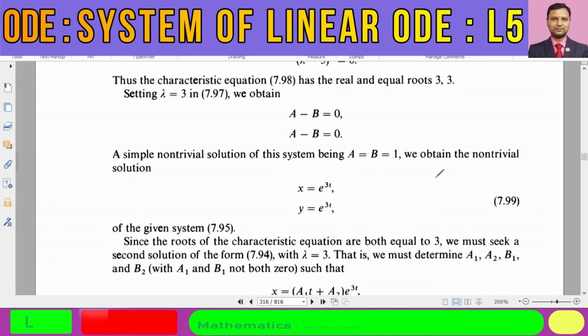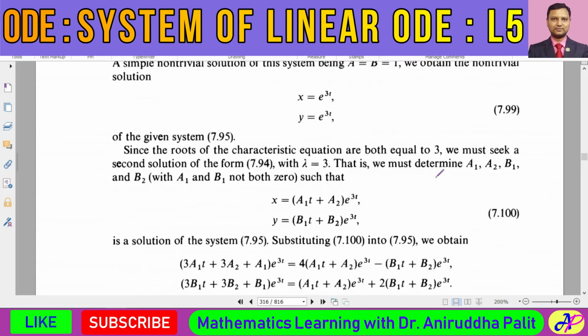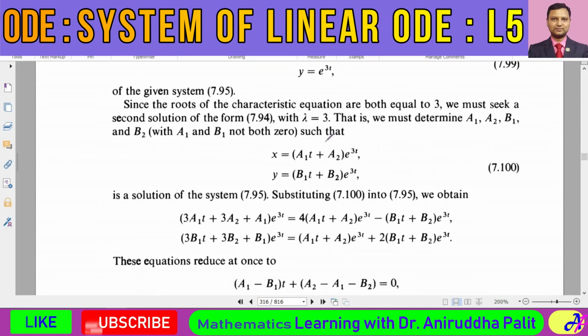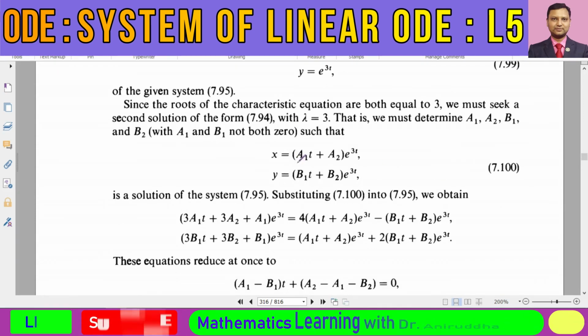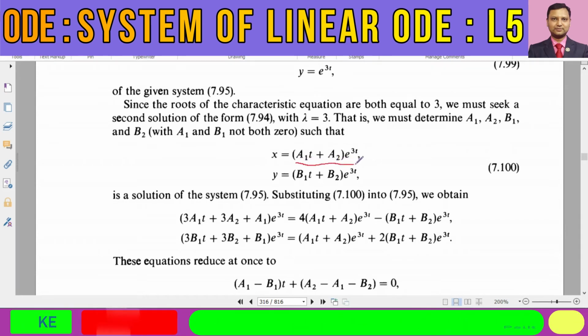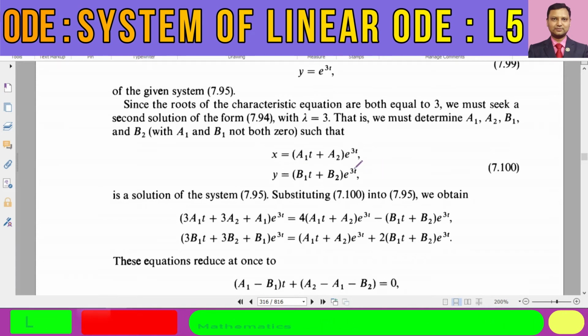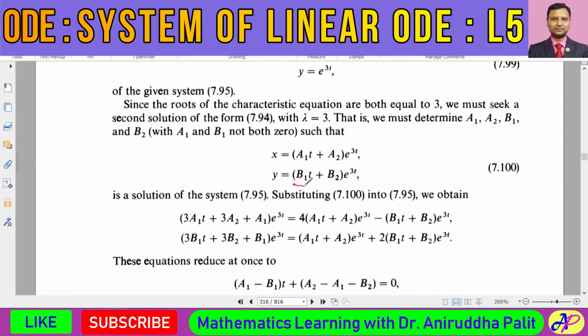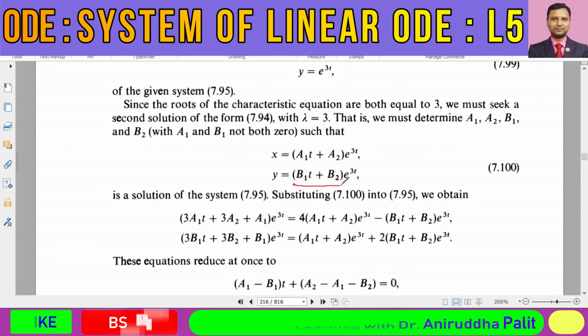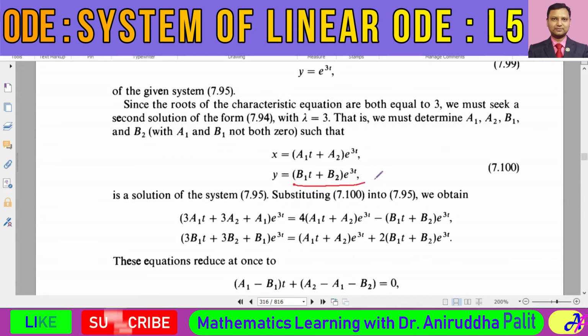Now we need to compute the second set of solution. How does it look? It would look like this: (a1 t plus a2) multiplied by e to the power of lambda t, where lambda is equal to 3. So we write e to the power of 3t, and y would be equal to (b1 t plus b2) into e to the power of 3t.